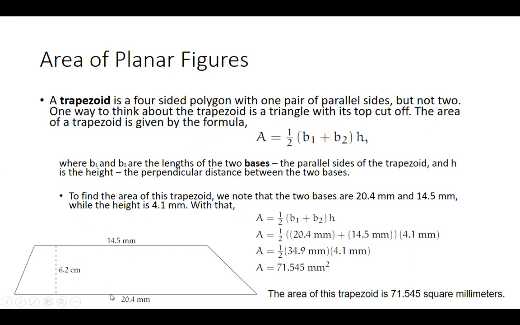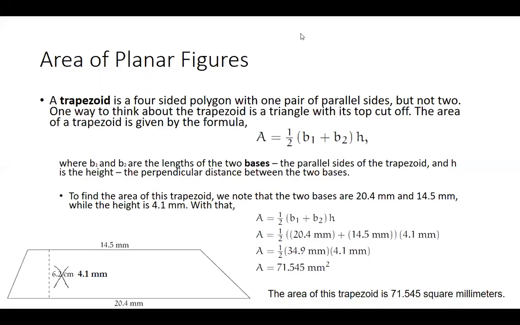Looking at this trapezoid we have here, we note that the two bases are 20.4 millimeters and 14.5 millimeters, not milliliters. That would be liquid volume. And the height, well, the height I just magically corrected in the figure.